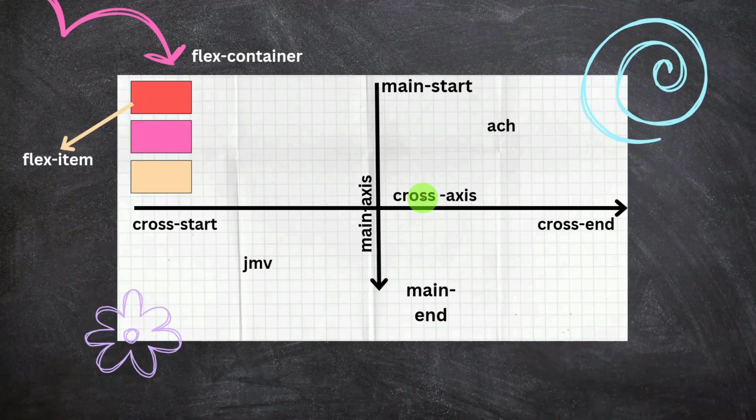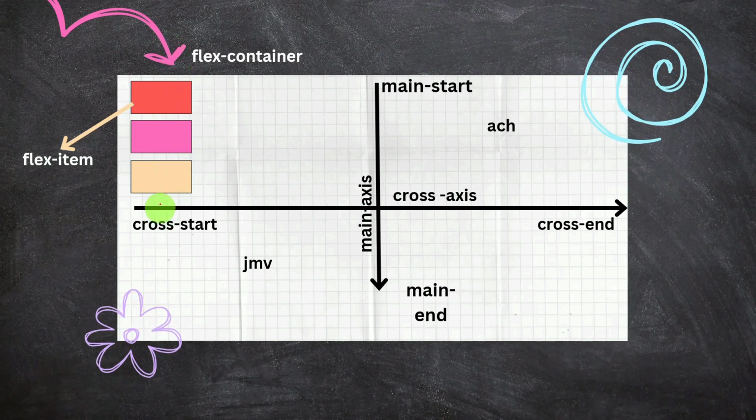Using flex properties, it is very easy to change the direction of flex items. By default, flex direction will be row. But if I want the items to be displayed in this way, then I can give the flex direction as column.